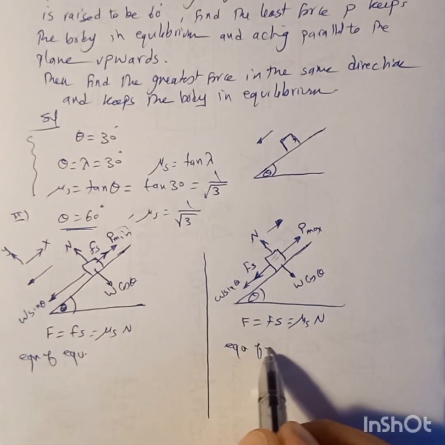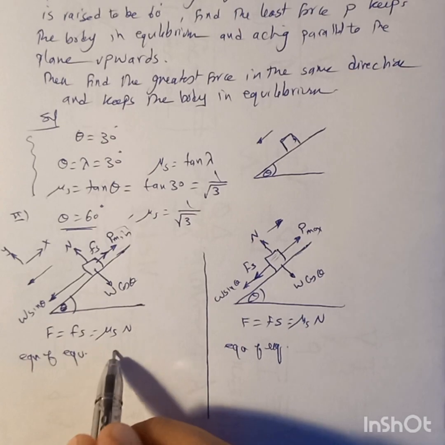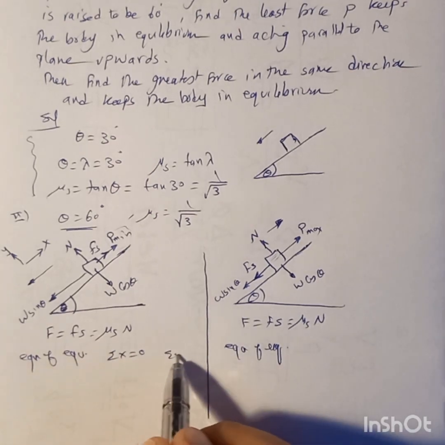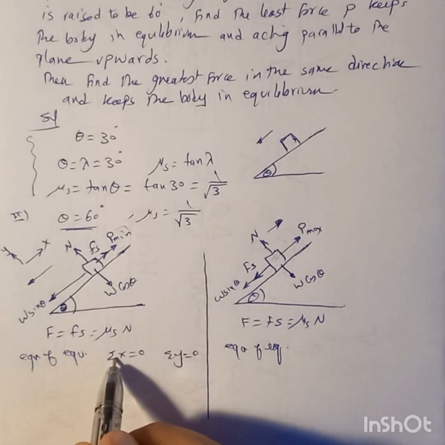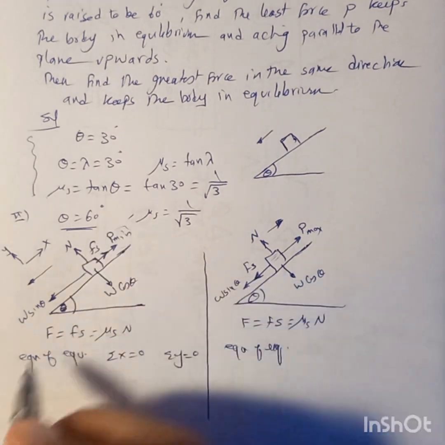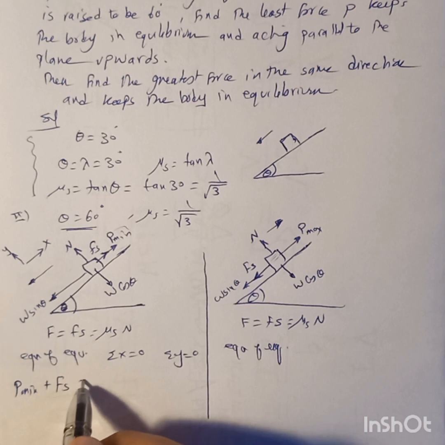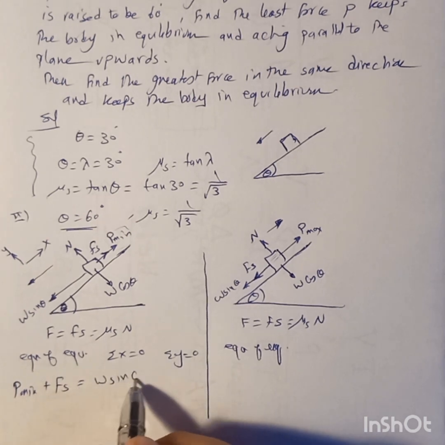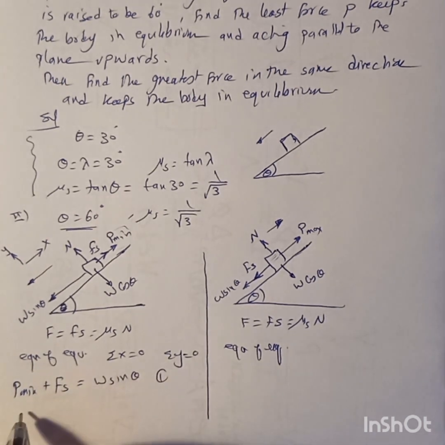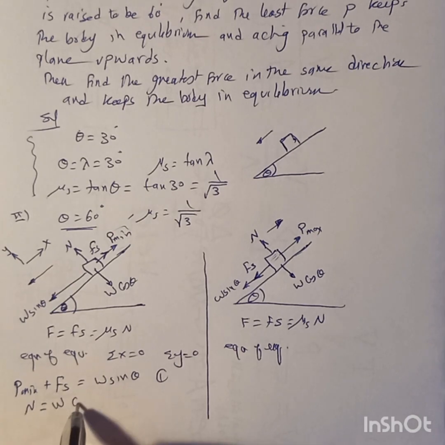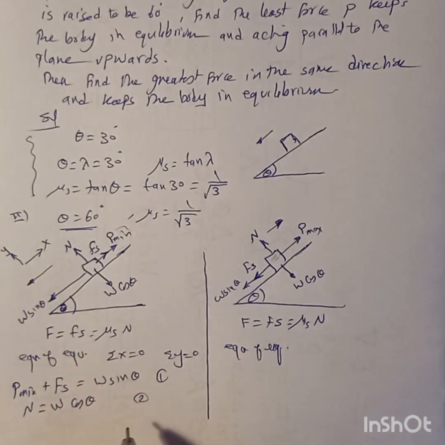Here we have summation of x equals 0, summation of y equals 0. Summation of x: P minimum plus Fs equals W sine theta. This is equation number 1. And we have N equals W cosine theta, and this is equation number 2.